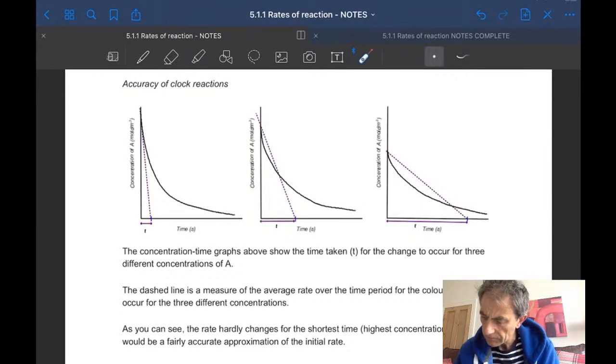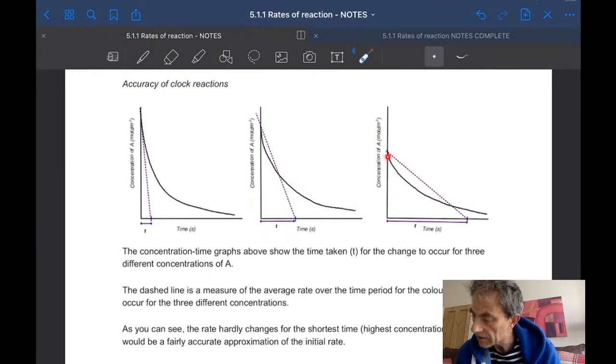Okay, right. So then you do your next concentration. If you notice, that was your starting concentration. That's now your lower concentration. You can see the time period has got longer because the concentration is lower. There's fewer particles per unit volume colliding per second, so therefore there's fewer successful collisions per second.